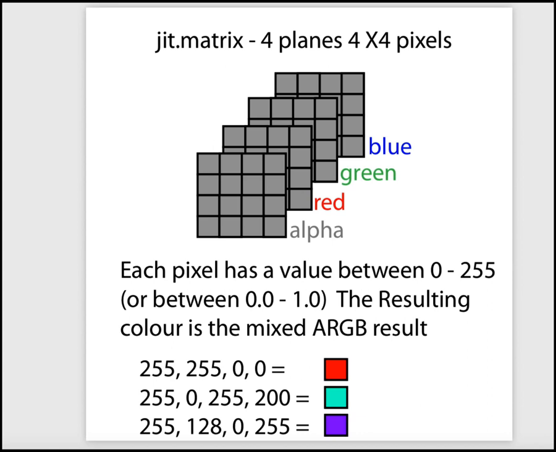Well, essentially the Jitter matrix structure is a three-dimensional array of data.